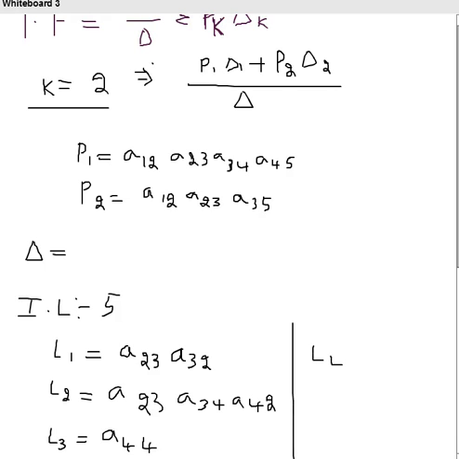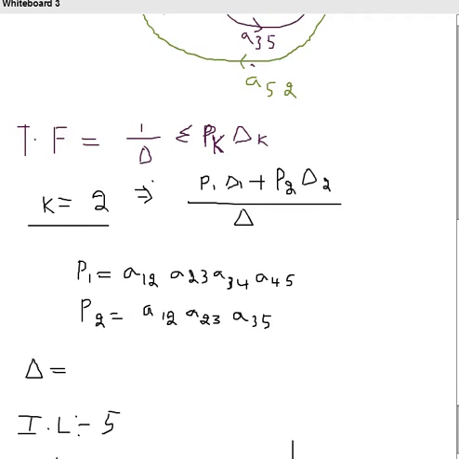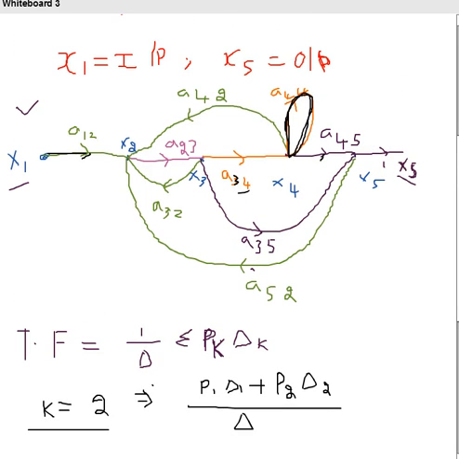Next, the remaining two loops are L4 and L5. A34, A45. But A35 is in the same direction, but it is not a loop, right? That is not a loop.